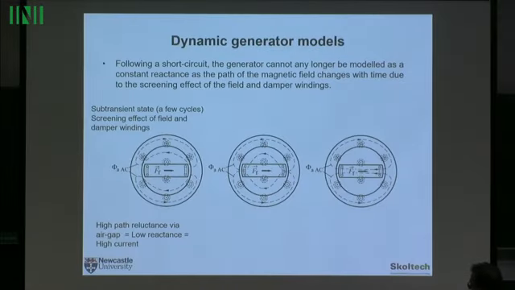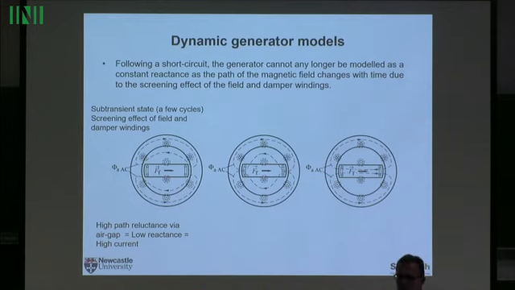But inside the rotor we have a field winding and a damper winding. Those windings will repel the external magnetic field. All coils have this effect that they don't like sudden changes in the magnetic field inside them.